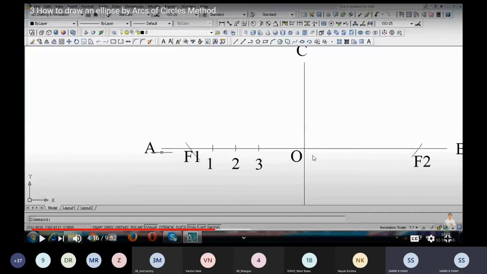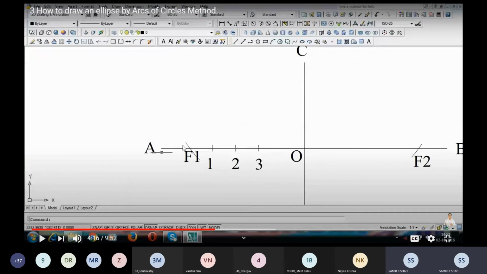So from B1, with F2 as center, it will mesh on the first circle. Same way from B2, F2 is the center, once again for the second circle, and same way from B3, F2 is the center and arc on the third circle.